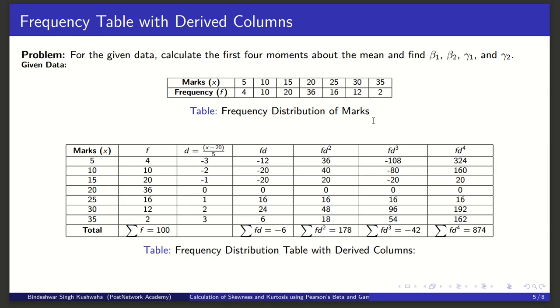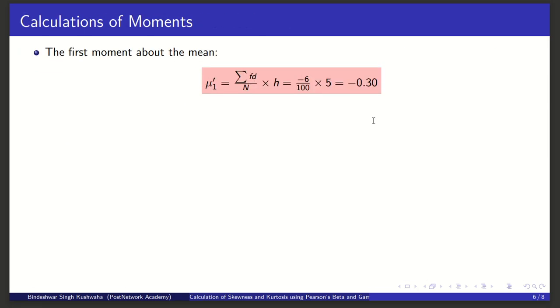So you will get fd square, fd cube, fd raised to 4, and you can see the summation of all fd is minus 6, summation of fd square is 178, summation of fd cube is minus 42, and summation of fd raised to 4 is 874. These values we will use for calculating moments about an arbitrary point, and in this case we have 20, and we have also divided the deviation by 5. So let us see that here.